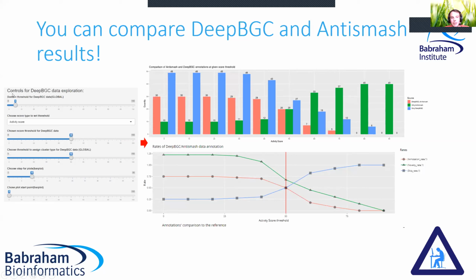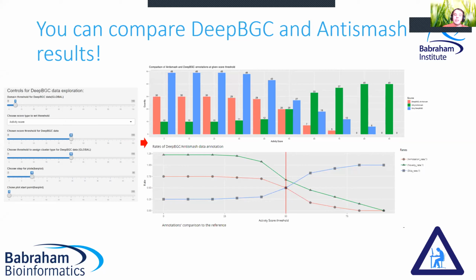And here I already filtered the data with a domain threshold because many of the data is one domain, one protein cluster. It cannot be possible. So the domain threshold is set to 5, and with a different activity score, which you can also choose from the select menu, there are different results for novelty rate, annotation rate, and skip rate, so amount of clusters.